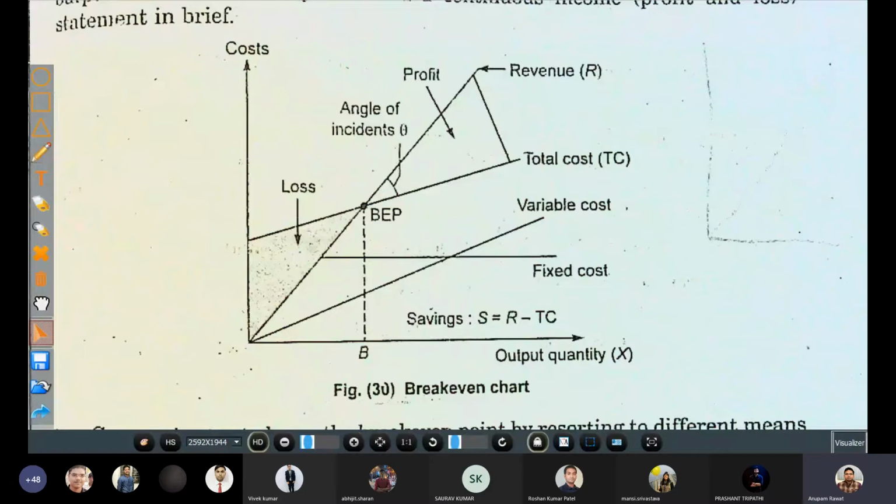The point of intersection of the total cost and revenue line is known as the break-even point. Here in this graph, the y-axis represents the cost and the x-axis represents the total output quantity, and the total cost, the revenue, the variable cost, and fixed cost are represented on these curves.